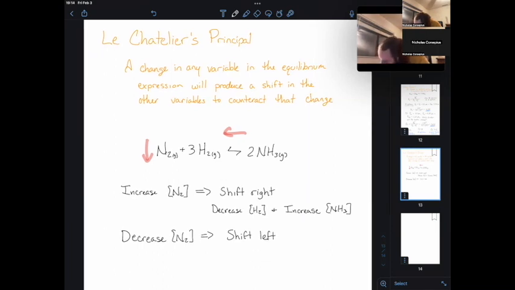Which means that we're going to decrease the concentration of ammonia and increase the concentration of H2.